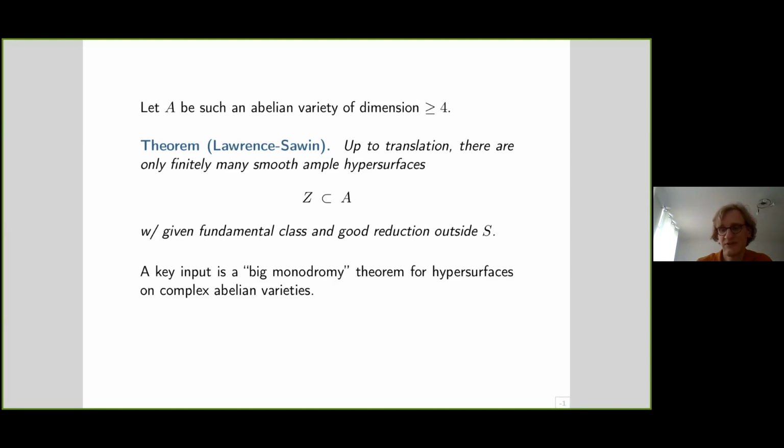So this is really a geometric statement. And today I want to discuss only this big monodromy part of the result, but for higher codimension subvarieties. So the idea is, in general, we would like to extend this theorem to higher codimension subvarieties with certain positivity properties, and this is the first thing one should try to generalize.